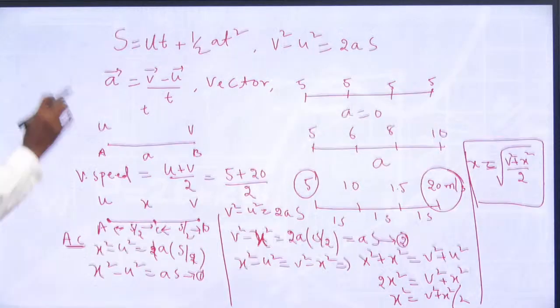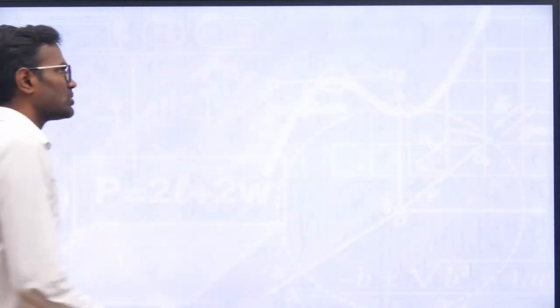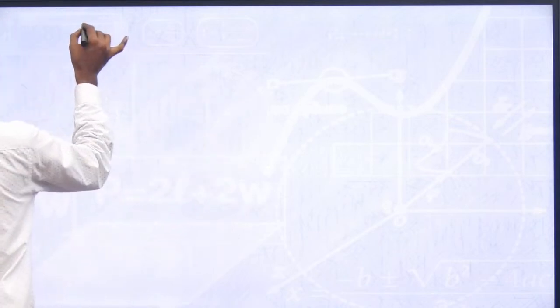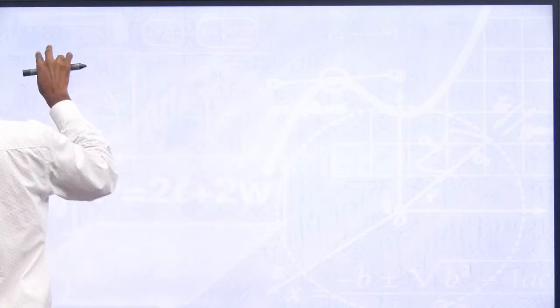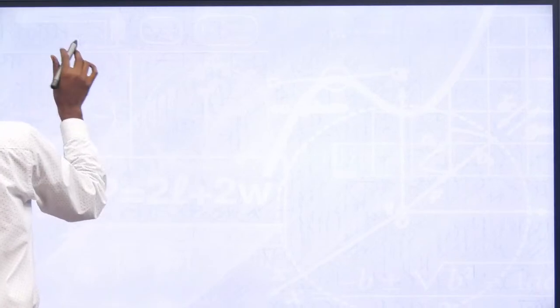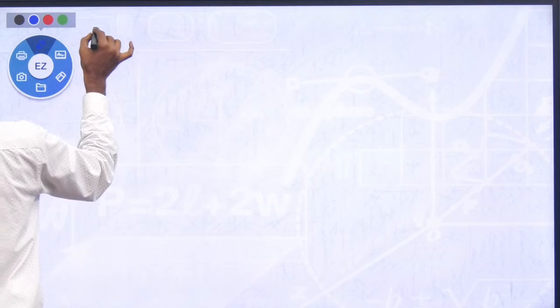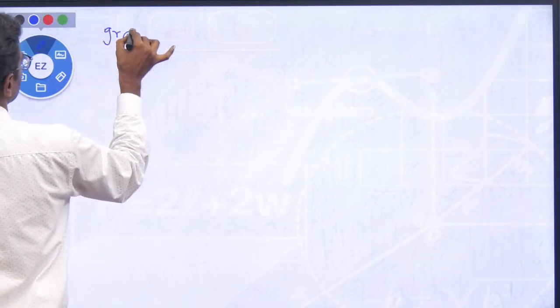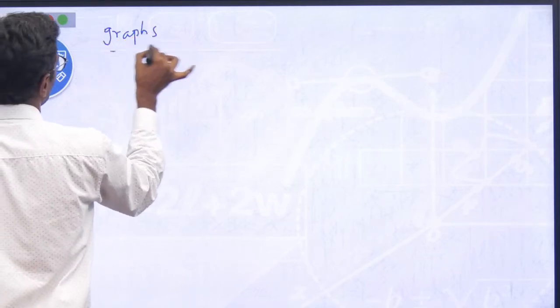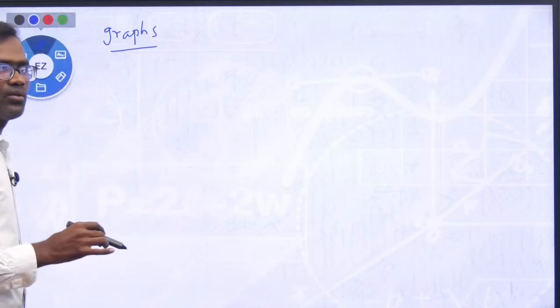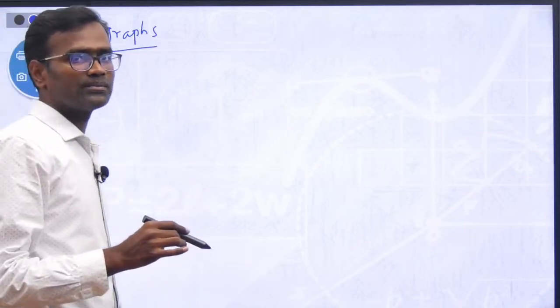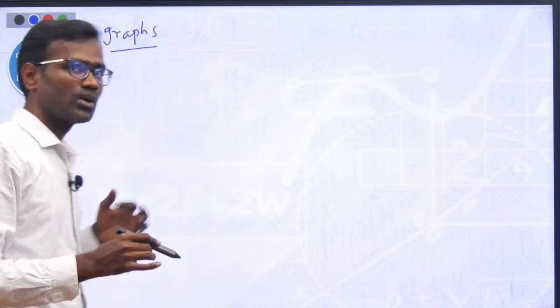Okay. So next topic. Slightly, I am introducing graphs. We have three types of graph: position-time, velocity-time, and acceleration-time graphs.